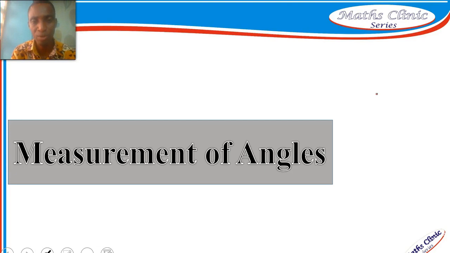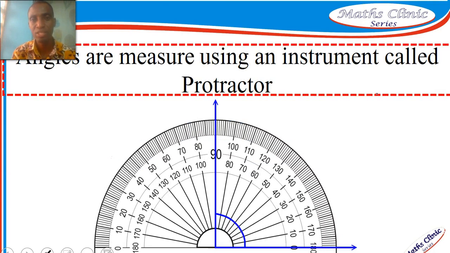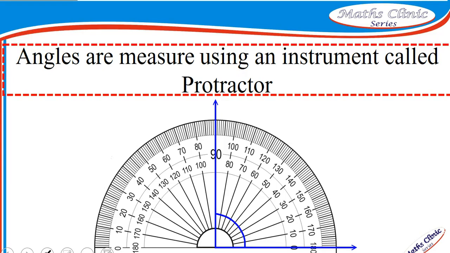Now, measurement of angles. How do we measure angles? Angles are measured using an instrument called a protractor. Now, video number 3 after this video is a video that has to do with how to use a protractor in measuring angles, which I will recommend that you watch before you proceed to video number 4, so that you will understand how to measure angles using a protractor.